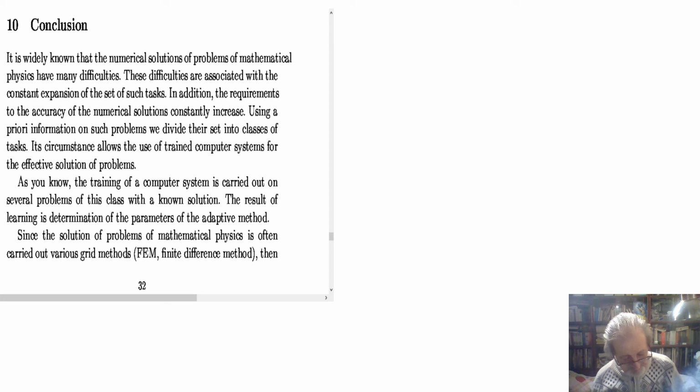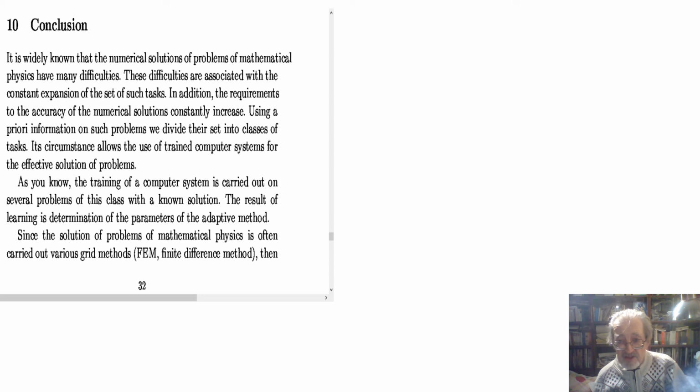Conclusions. It is widely known that the numerical solutions of problems of mathematical physics have many difficulties. These difficulties are associated with the constant expansion of the set of such tasks.